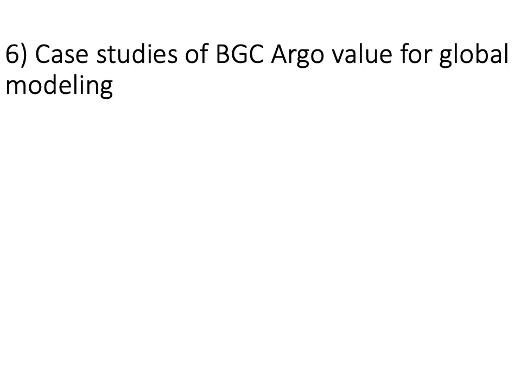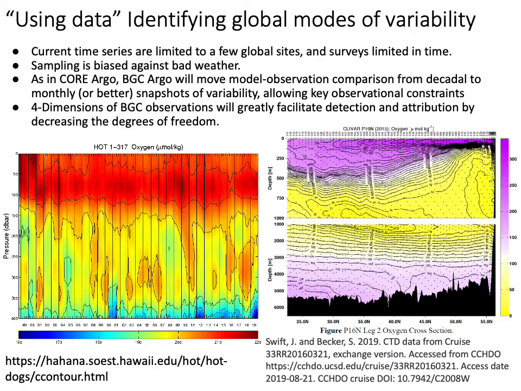And finally, a few case studies of biogeochemical Argo value for global modeling. One of them is using data to identify global modes of variability. Here's an example of the HOT time series, where we see a Eulerian section in time.